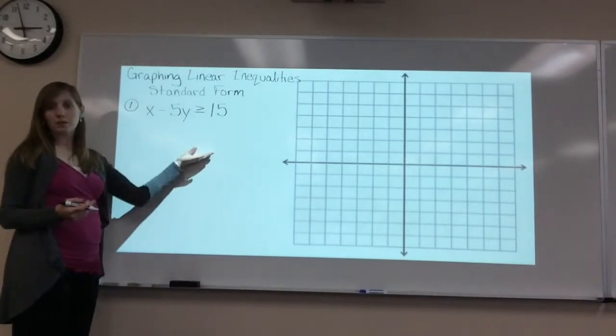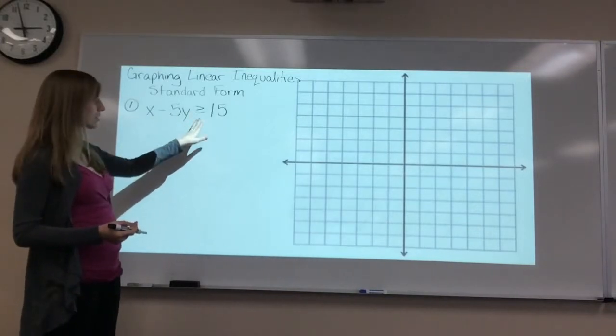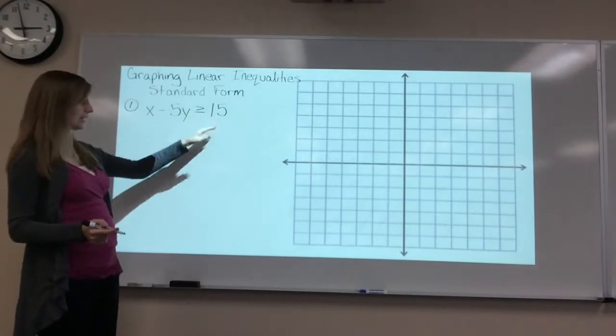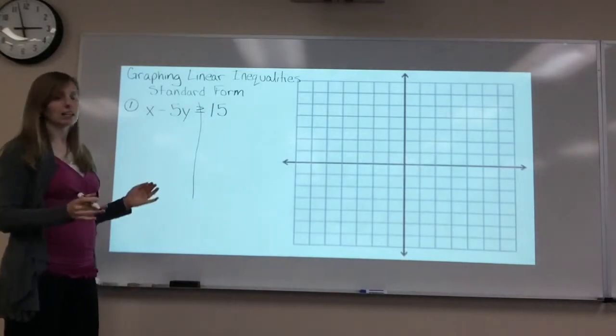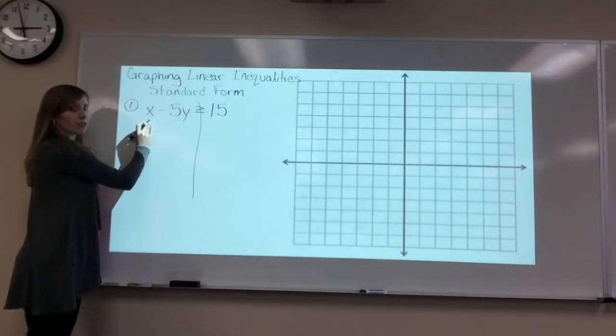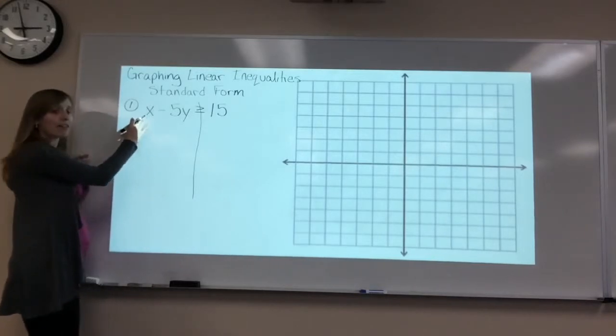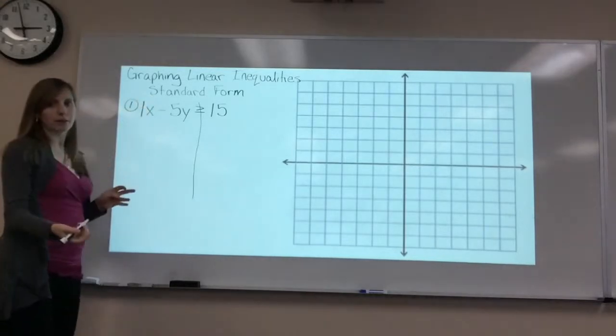So let's go ahead and start with number 1. We have x minus 5y is greater than or equal to 15. So I'm going to put my line through the inequality sign and go ahead and start solving. Remember, always get rid of your x first. Now this x does not have a number in front, so I'm going to go ahead and put the 1 there so I don't forget about it.